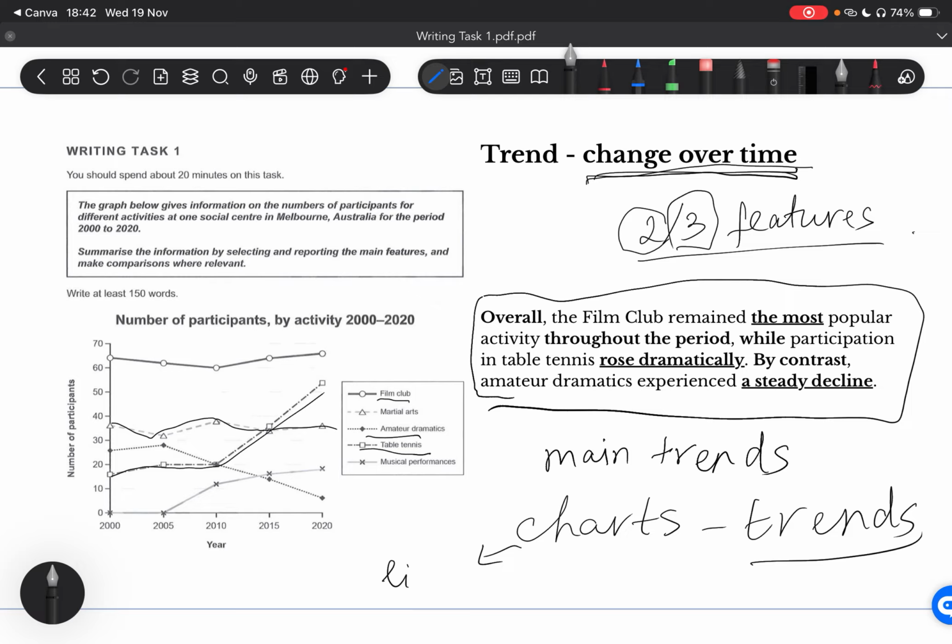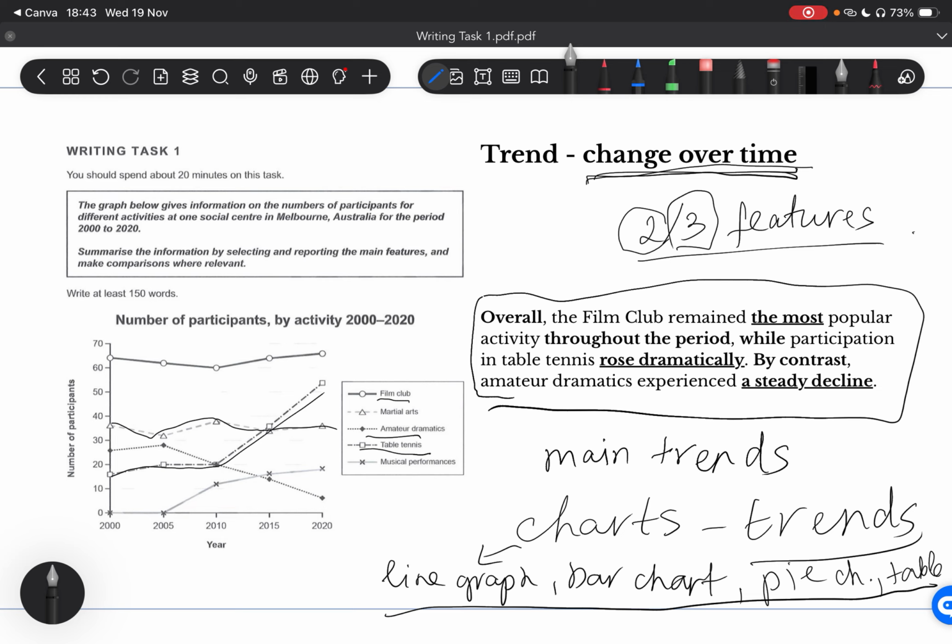We have a line graph, bar chart, we have pie chart, and table. Actually, all these 4 that you saw in the first slide, they all have something in common.